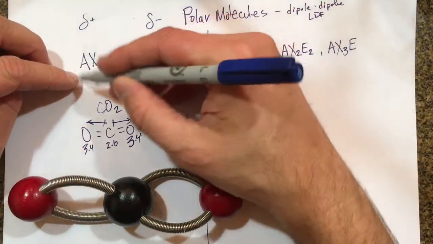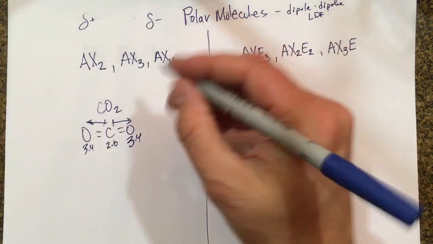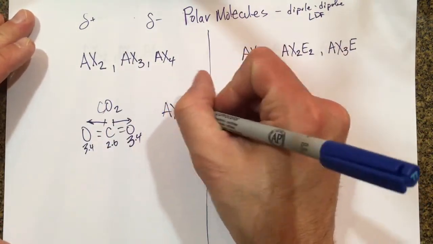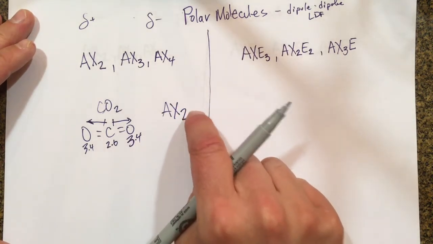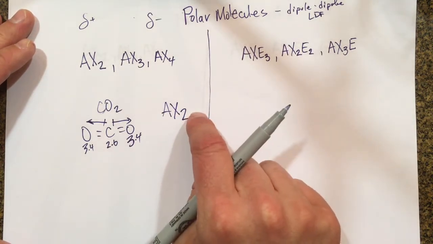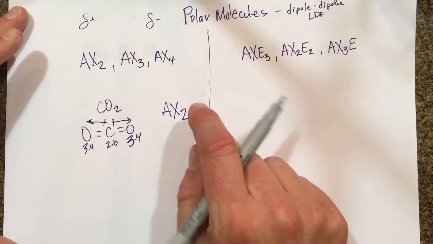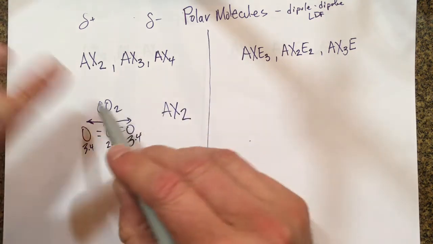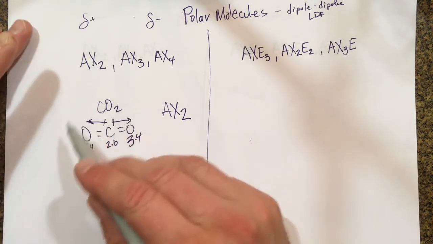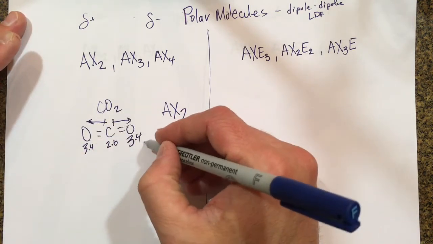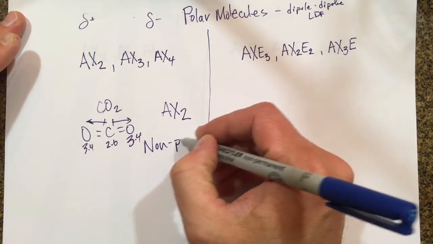The generic formula for carbon dioxide is AX2. Now, significantly, there's no E. When there's no lone pair, no E at all, then what I want to look at is the whole molecule, and if the whole molecule is going to be balanced, then that will be nonpolar.